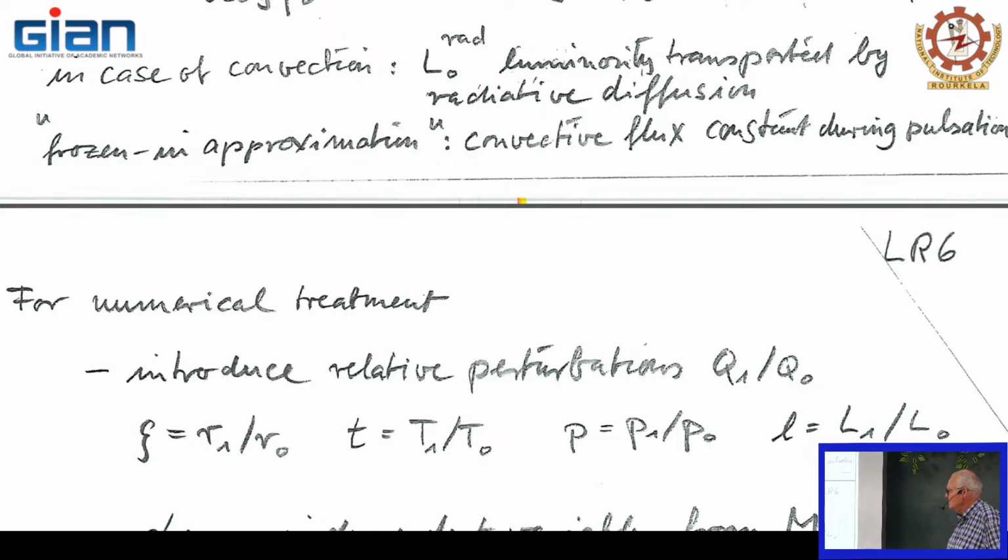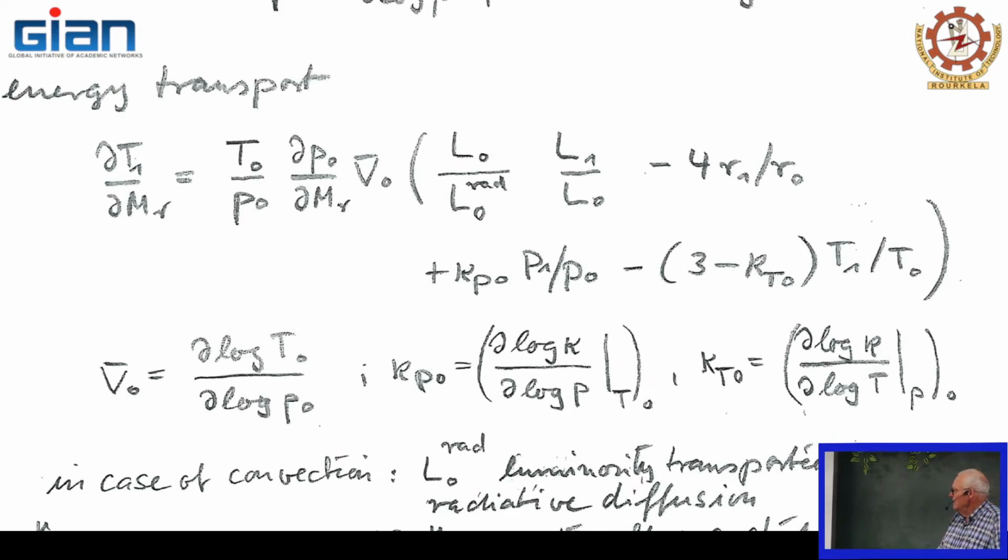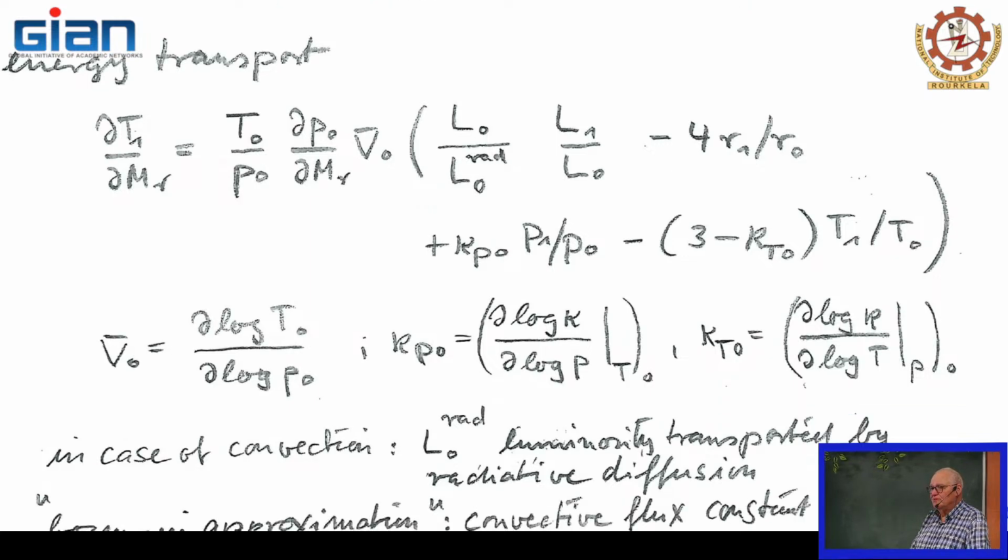Okay, we have to solve this system of equations linearly, and so we have to make them treatable by numerical methods. The first thing we do is go to relative perturbations, so we make everything dimensionless.